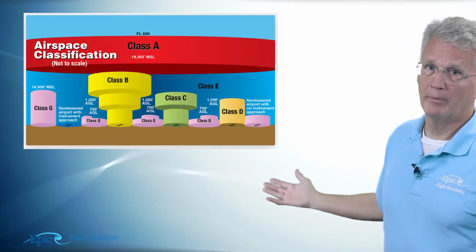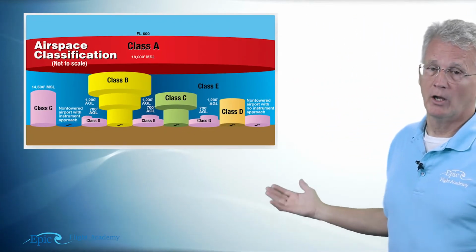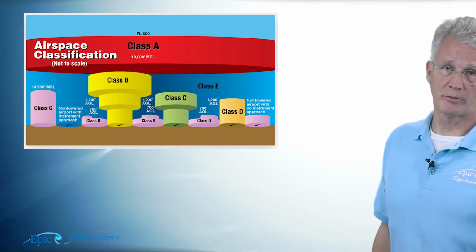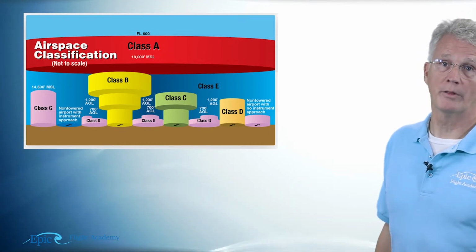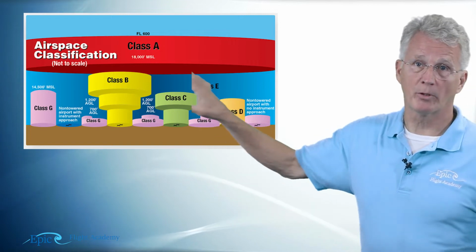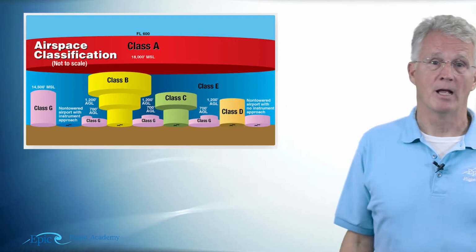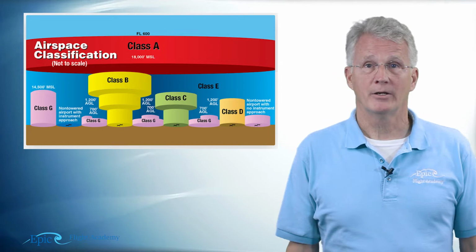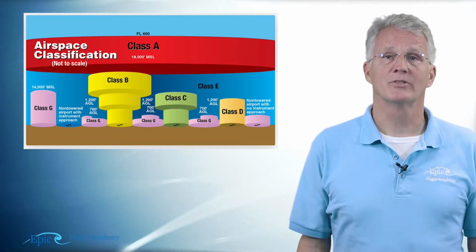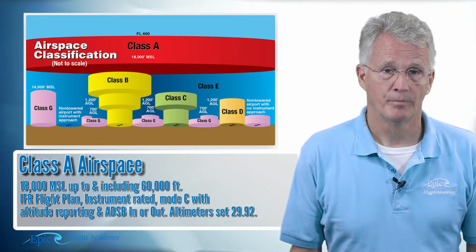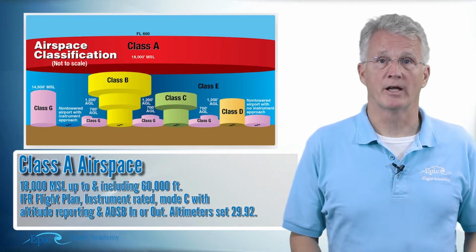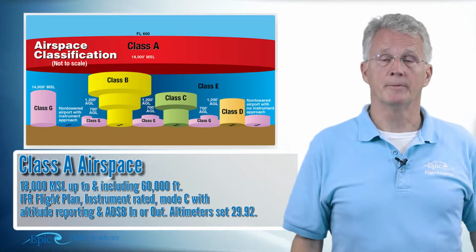This diagram is an excellent depiction of all of those lettered airspaces. So let's start with A. Notice up across the top of this diagram, alpha airspace or Class A airspace. Now you notice I said this was defined vertically and horizontally.